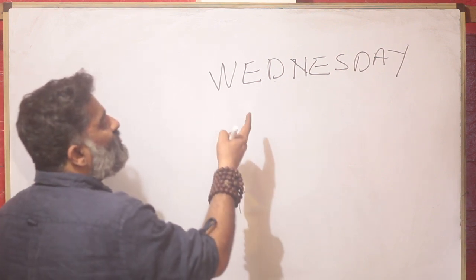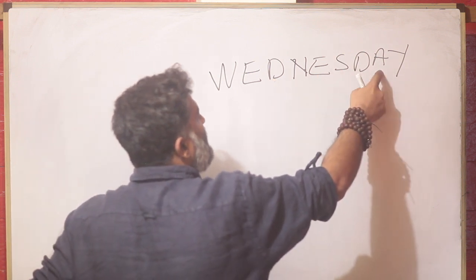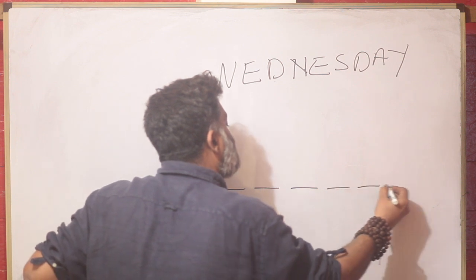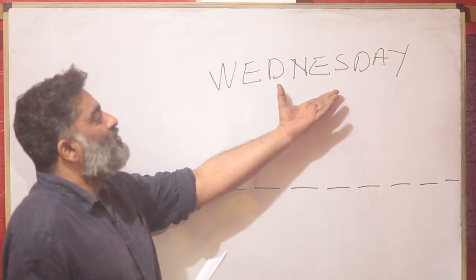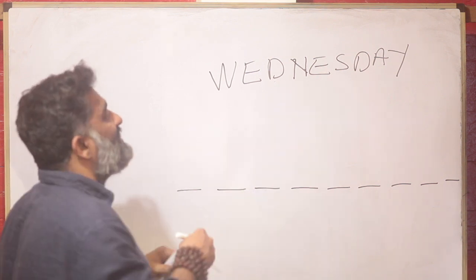First of all, let me count the number of letters. 1, 2, 3, 4, 5, 6, 7, 8, 9. I have 9 positions to fill out using these letters, such that the 3 vowels, where are the vowels?